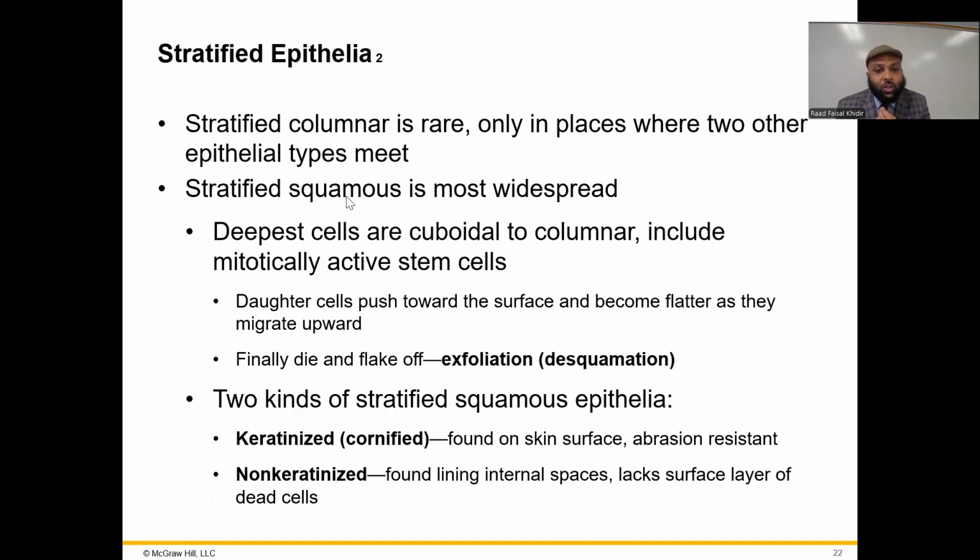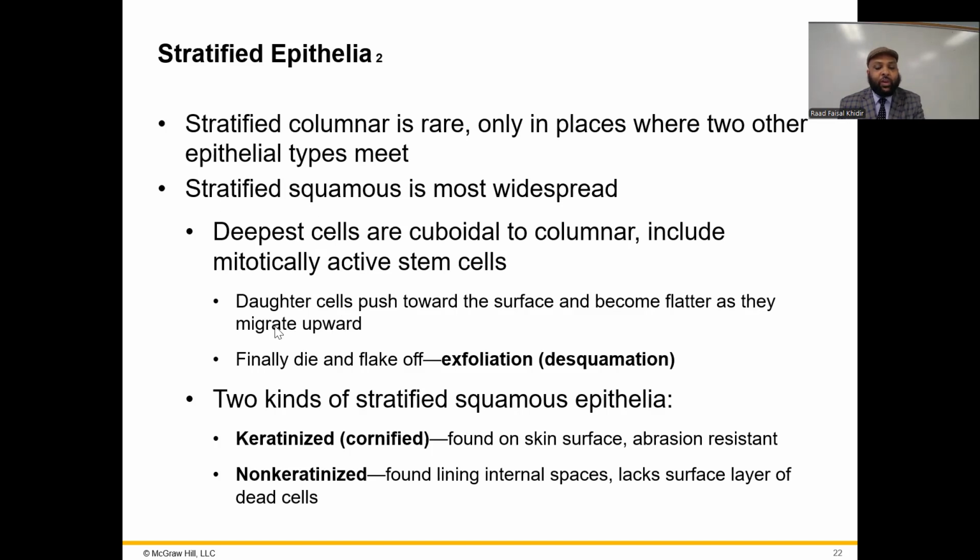Stratified columnar is rare and is only found in places where 2 other epithelial types meet. Stratified squamous is most widespread, and the deepest cells are cuboidal to columnar, and they include mitotically active stem cells. The daughter cells push toward the surface, and they become flatter as they migrate upward.